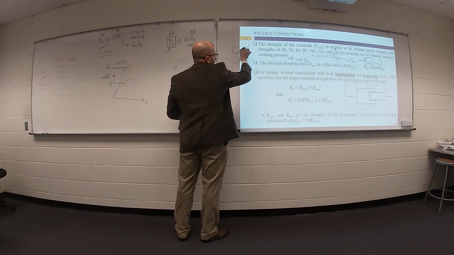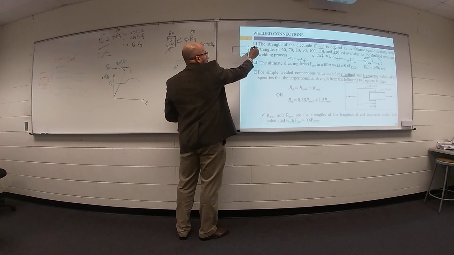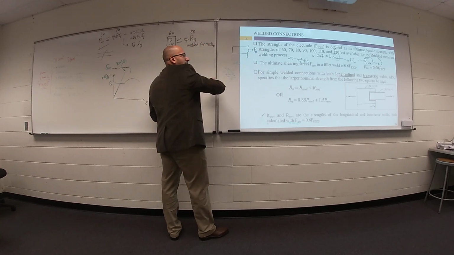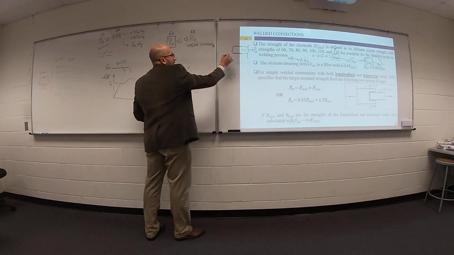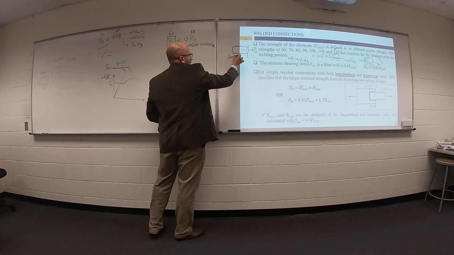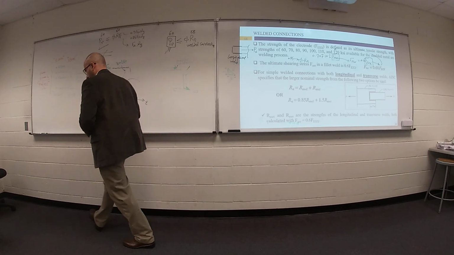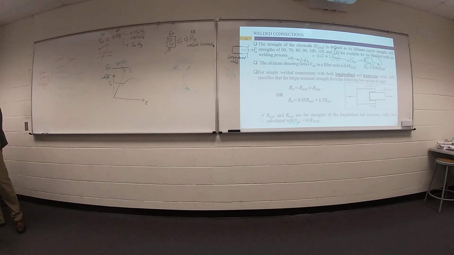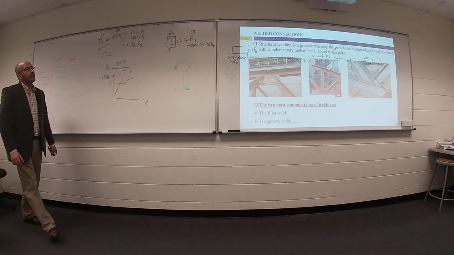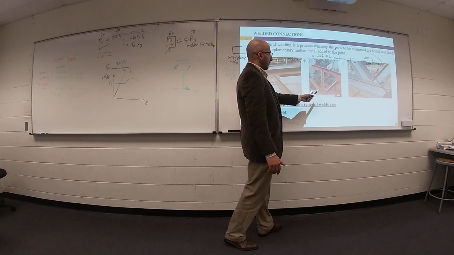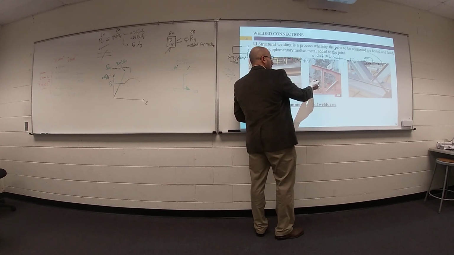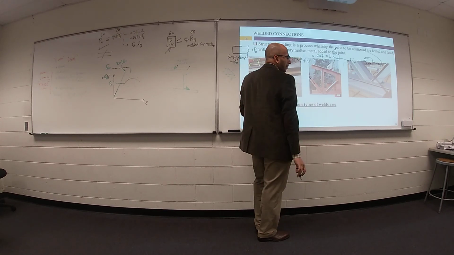your member with the force B ultimate is in the same direction of your weld, which is called longitudinal weld. For this one, we have a tensile force in your member.